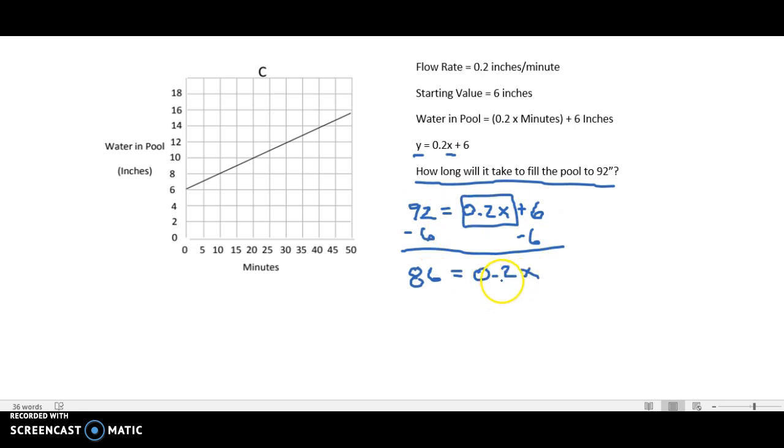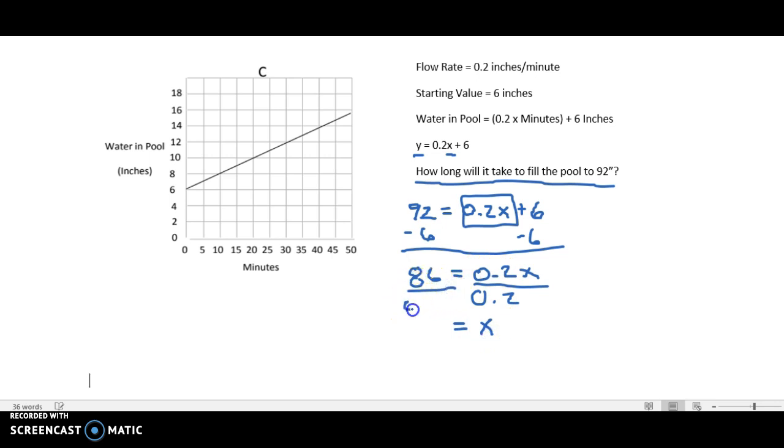So when some number is multiplied by 0.2, we get 86. That's what we desire. So what we will do is divide this by 0.2. This part of it creates the number 1, just leaving us with x.